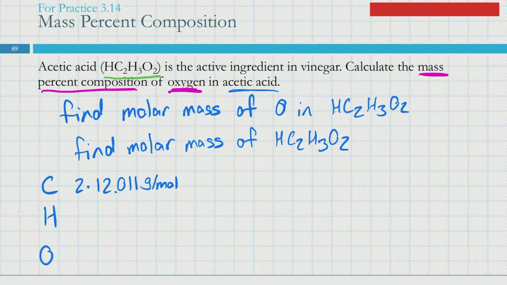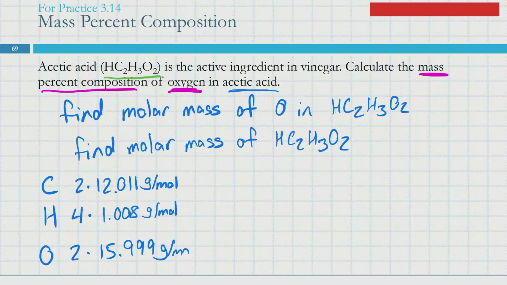How many hydrogens do we have? We have 4. We've got 3 in the middle, and we've got 1 in the front. Find our molar mass for hydrogen. It's right around 1. And we've got how many oxygens? 2. And those have about 16 grams per mole each.